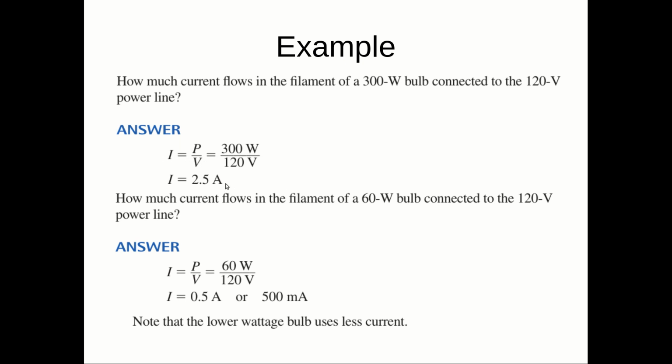So remember to write the quantities, the units, for each calculation, so you know that the current is measured in ampere, and you can make it higher or lower, writing it in milliampere or kilowatt, for example. That's why you should write the units. Another example, 60 watt, 120 volt. You just divide the power over the voltage to get the current, or 500 milliampere.